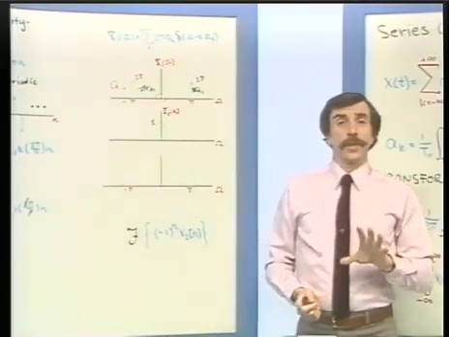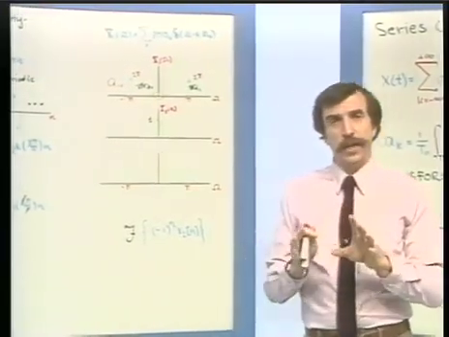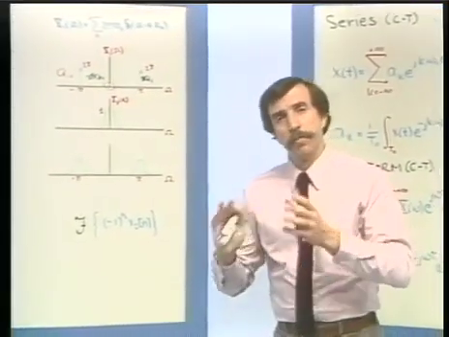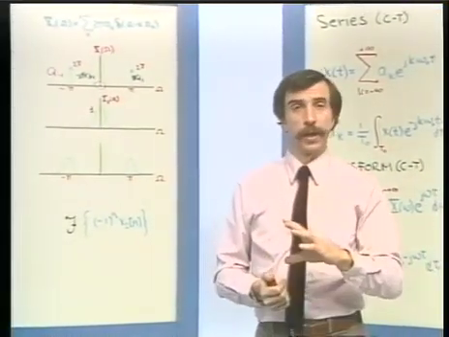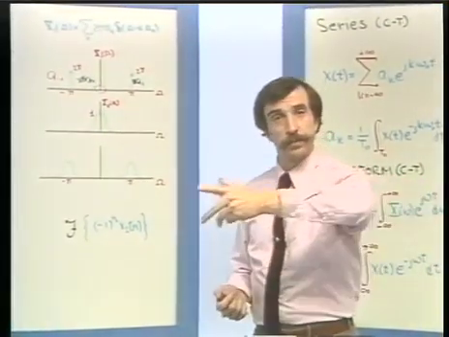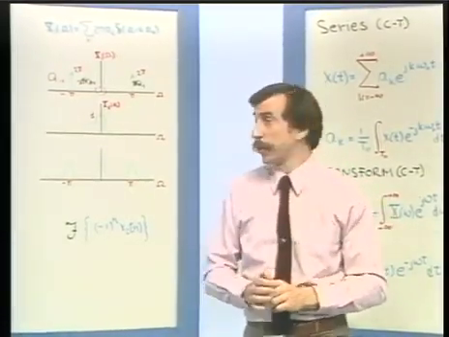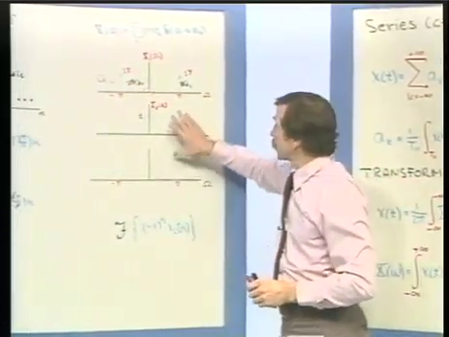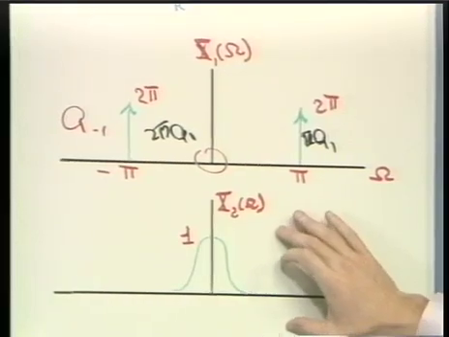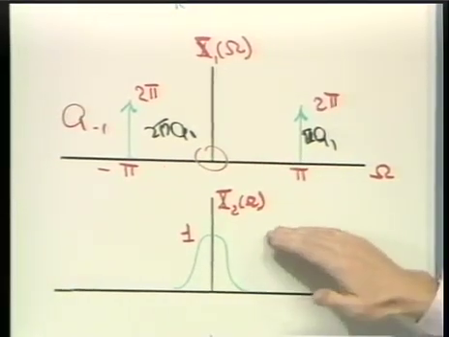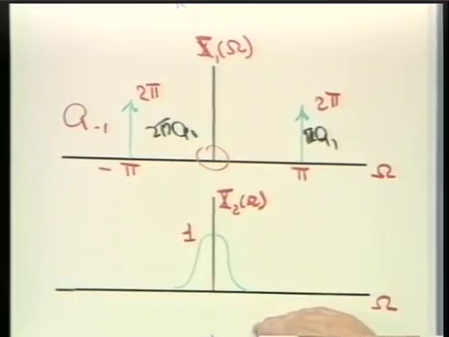All right, now let's consider what happens if we take a signal and multiply it, modulate it, by minus 1 to the n. Well, in the frequency domain, that corresponds to a convolution. Let's consider a signal x2 of n, which has a Fourier transform, as I've indicated here.